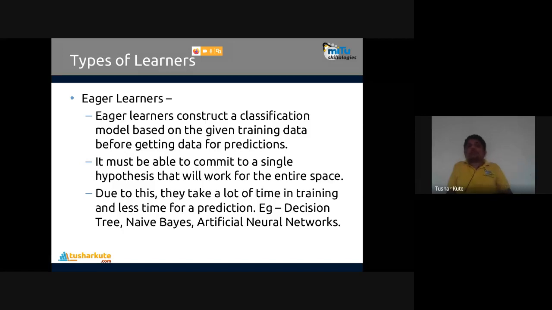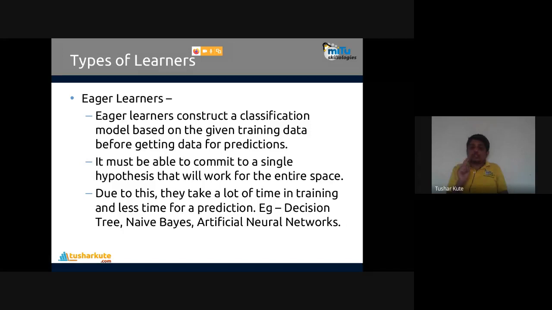So it must be able to commit to a single hypothesis. Hypothesis means the model, basically the equation present in it. That hypothesis is created, and the same hypothesis is used for all the data. That is called the eager learner. Due to this, they take a lot of time in training rather than prediction.